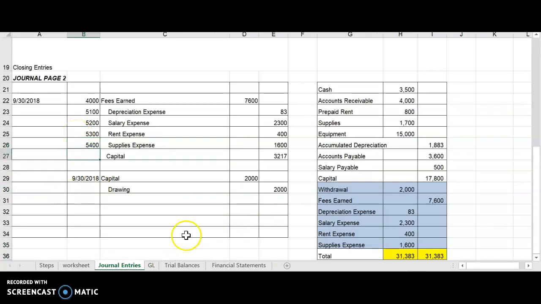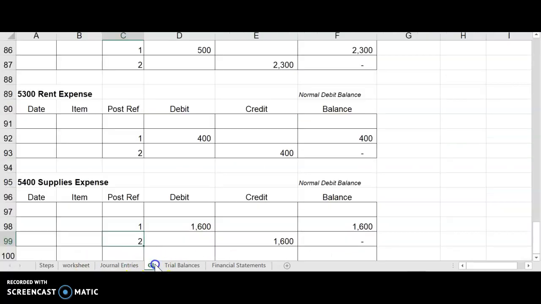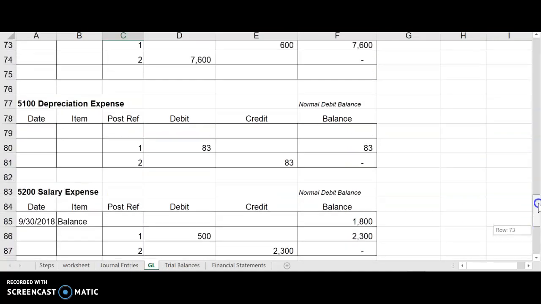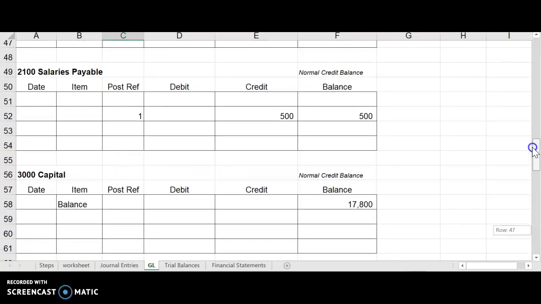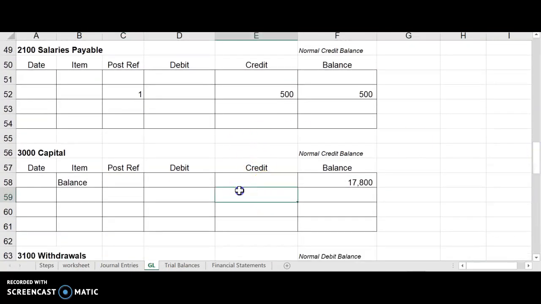And then we credited capital for $32.17. So let's find our capital account. $32.17. And this is going to increase our capital.